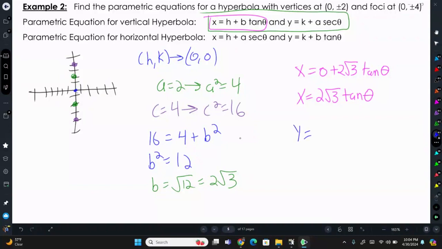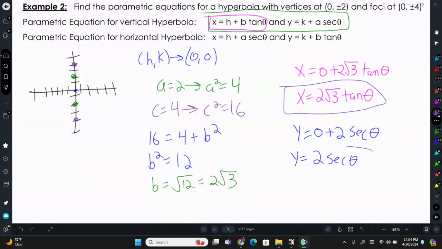Now y is equal to k, which is 0, plus a, which is 2, times the secant of theta. And again, 0 plus anything is just not going to change anything. So our two parametric equations are these two.